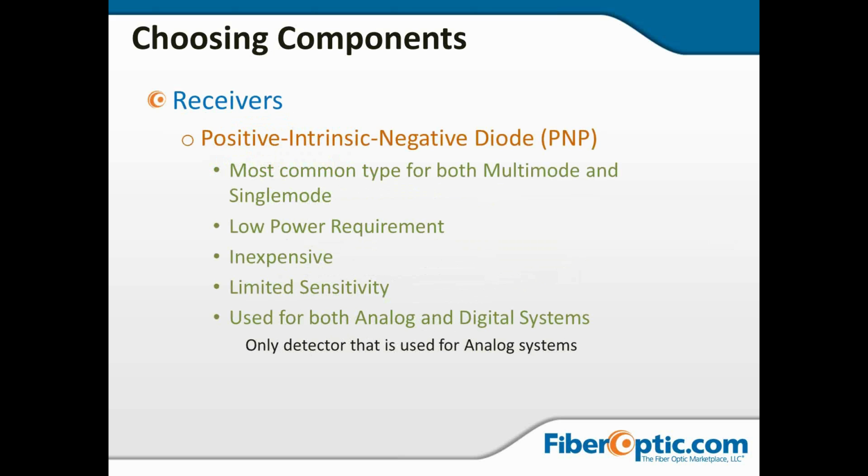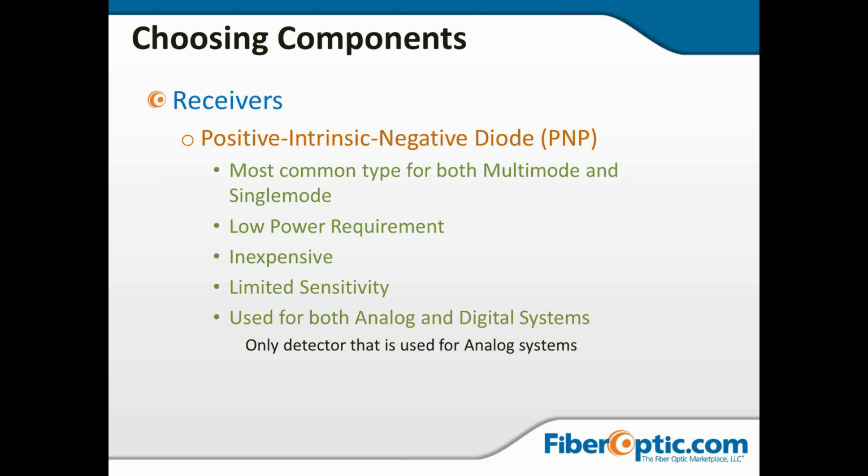Now, receivers. The most common type of receiver is going to be the PIN, or the positive intrinsic negative diode. It is, again, the most common, has a very low power requirement. It is inexpensive, but it's limited in sensitivity.